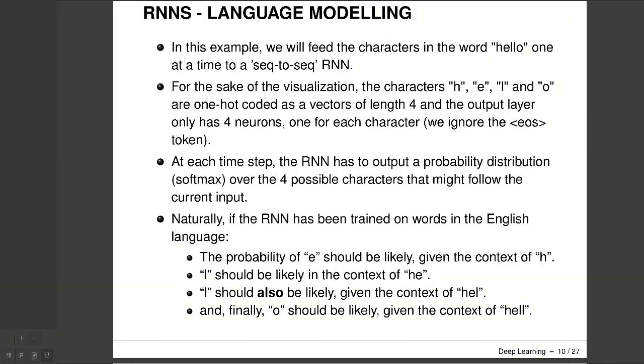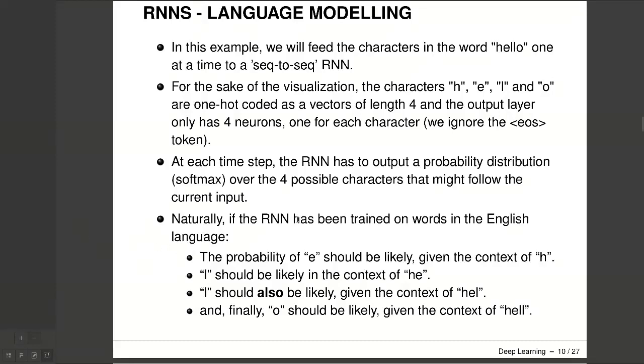To this end, we first need to create a one-hot vector for each letter. Our architecture at each time step takes one letter, and the output is the probability distribution, or a softmax, over the four possible characters that might follow the current input.